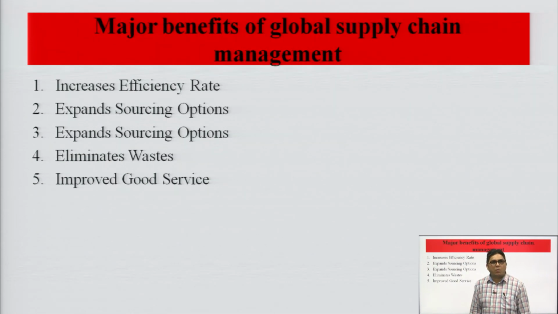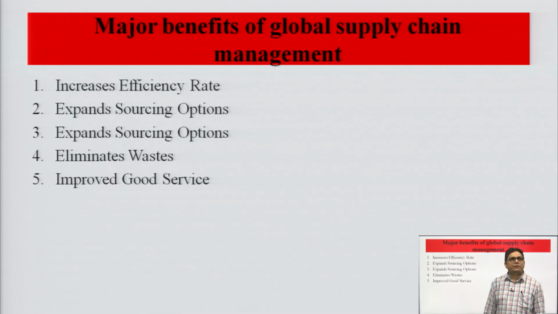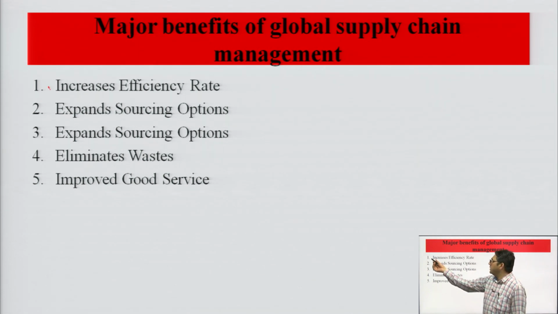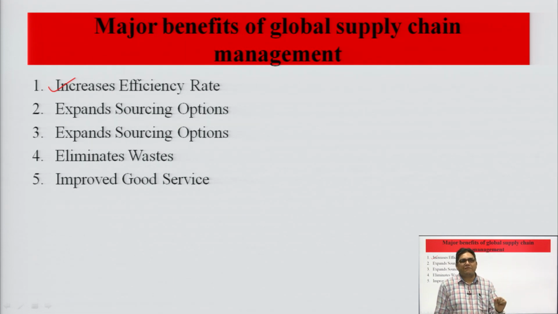Next, what are the major benefits of the global supply chain? The first is increased efficiency. Global supply chain will facilitate large scale production. That is why a company would be able to achieve certain economies of scale, lower the price and increase efficiency in production.